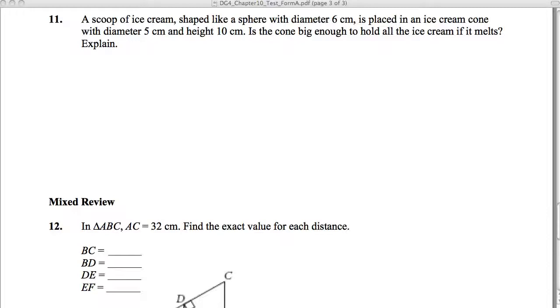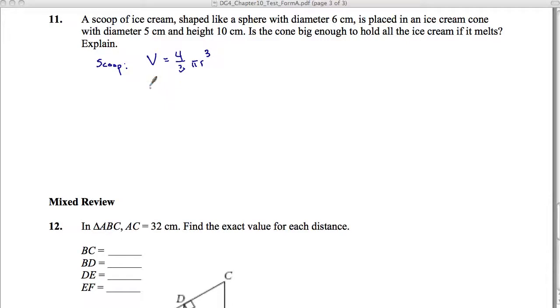Alright, on this next problem we have a scoop of ice cream and a cone. We want to see if the scoop will fit inside or not. So let's go ahead and compare the volume of the scoop and the volume of the cone. First of all, let's look at the scoop. And it's a sphere, so our volume is given by 4/3 pi r cubed.